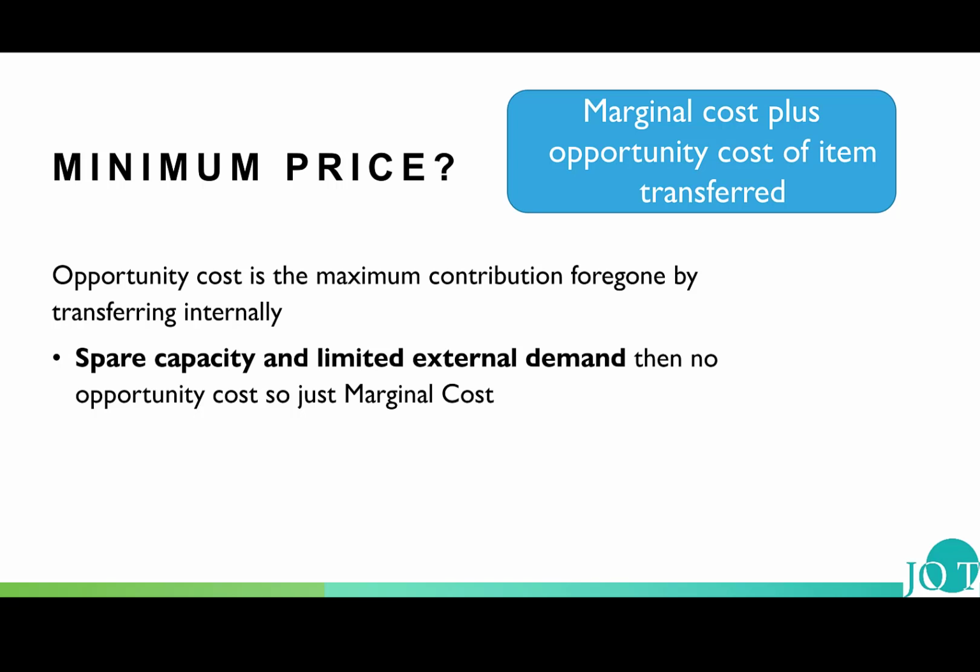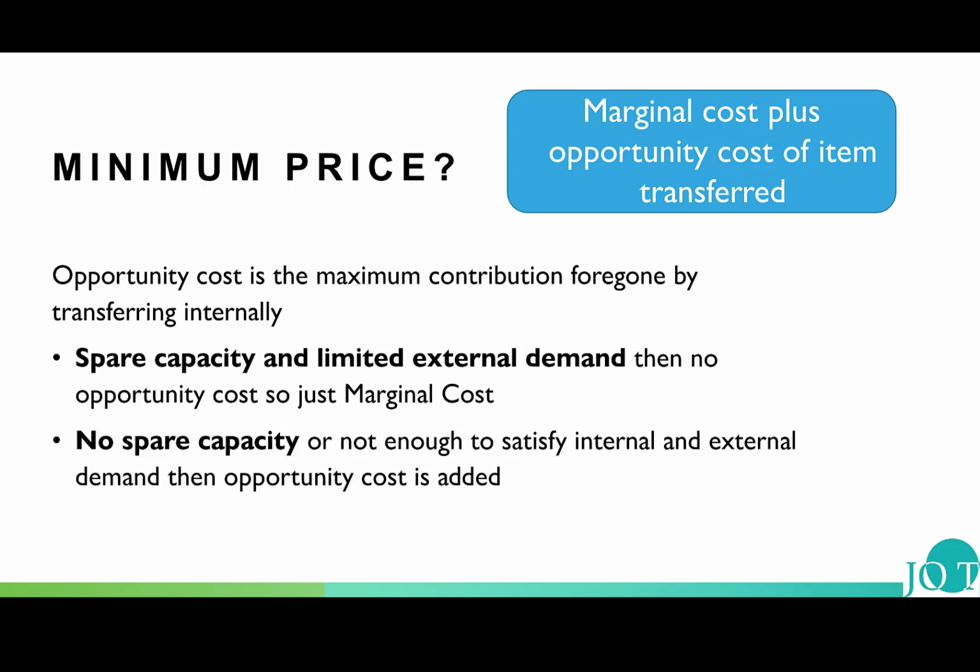Now remember, this is the minimum price. It's not the actual price which you may negotiate with your buyer and seller, right? It's the minimum price acceptable. Now if there's no spare capacity, or not enough to satisfy internal and external demand, then there is an opportunity cost.